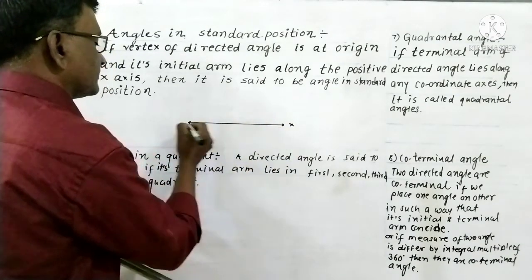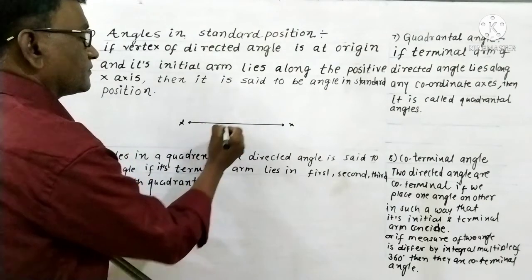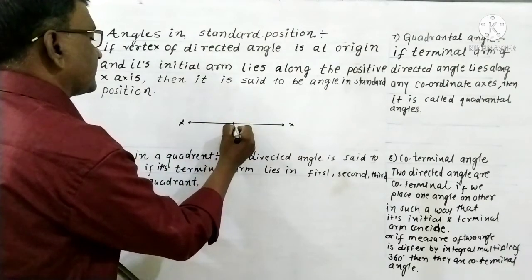See here, this is the x axis, O is the vertex.